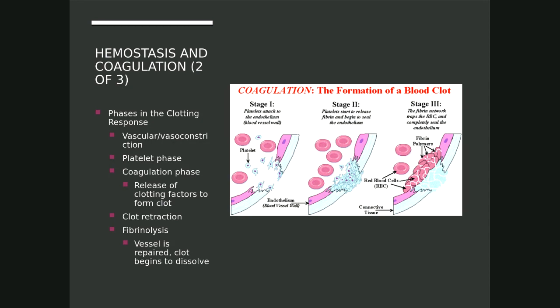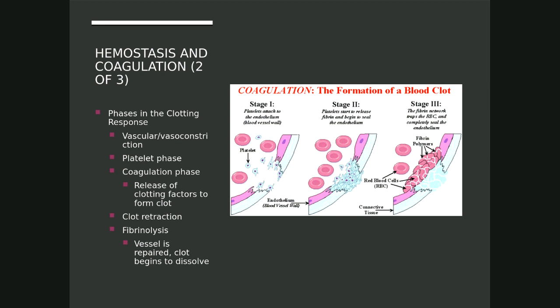This is where the vessel has started to not let blood leak out anymore, and it's starting to pull that tear back together. And then fibrinolysis: the vessel is repaired and the clot begins to dissolve.